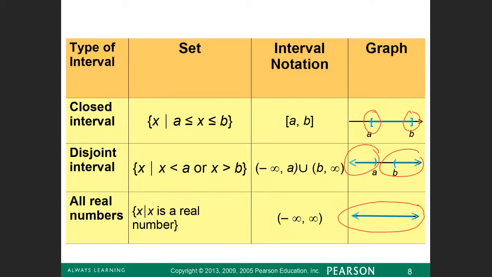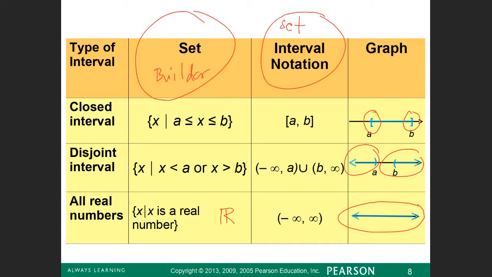Some textbooks have the symbol big R for all real numbers. Still this is in set builder for the second column and set interval for the third column. Those are the two notations that we're using in math.